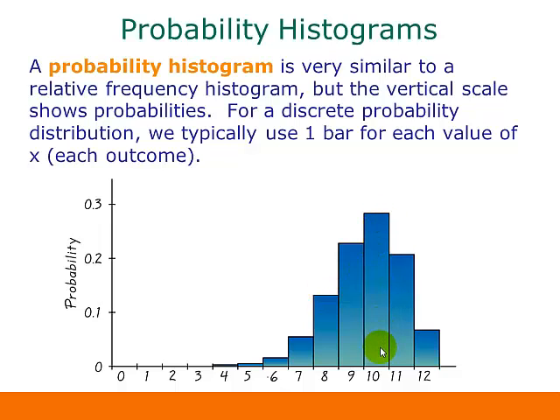The outcome with the largest probability here would be the 10, which has a probability of about 0.28. Notice that there are several over here on the left side which must have very small probabilities, very close to 0, since we can't even see them on this histogram.